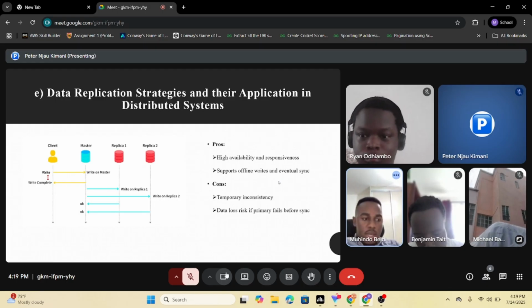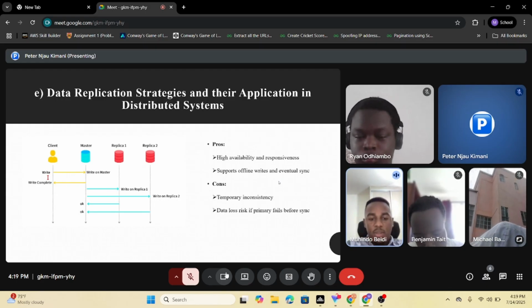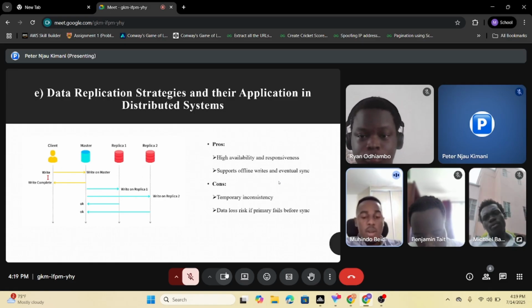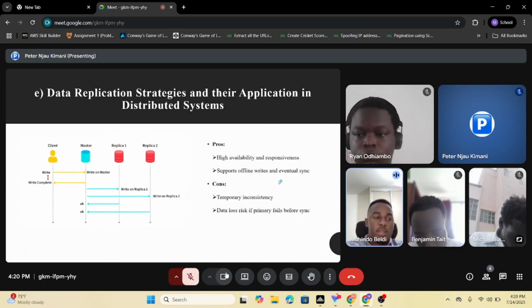The cons: temporary inconsistency. Replicas might have old data for a while. We have a data loss risk if the primary fails before synchronization. If the master crashes before synchronization, the replicas' recent writes could be lost.